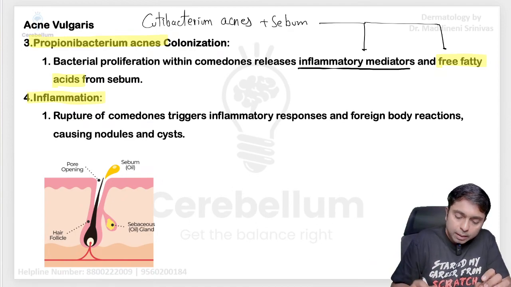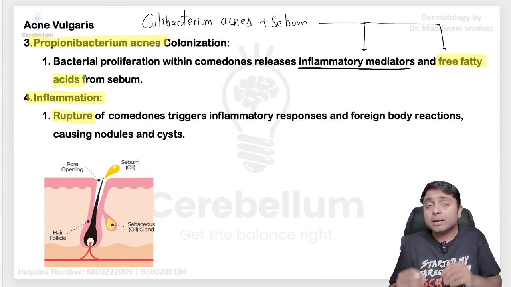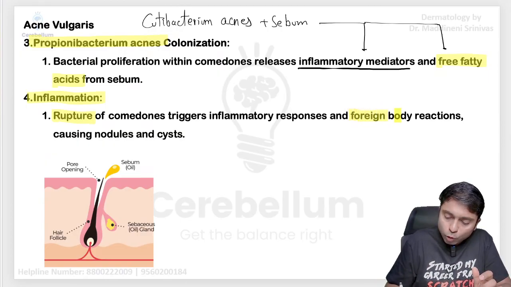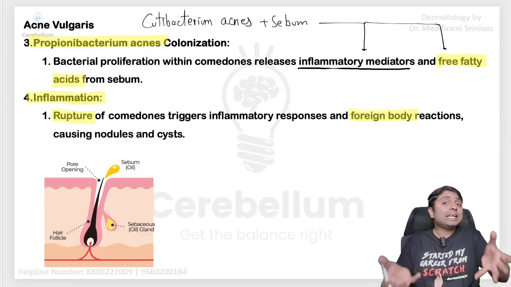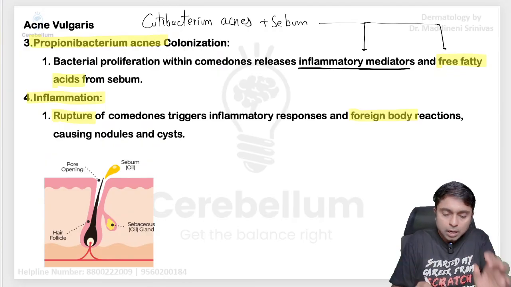So the rupture of the comedone triggers more and more inflammatory responses and foreign body reactions, which will clinically appear as nodules and cysts.